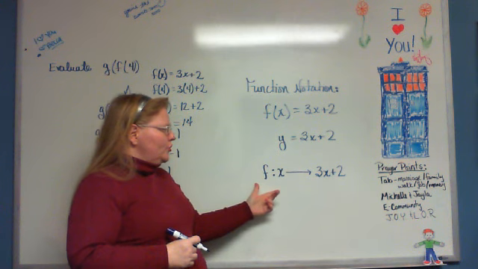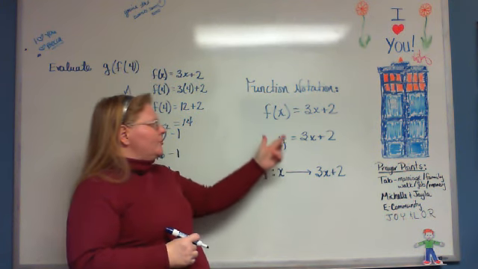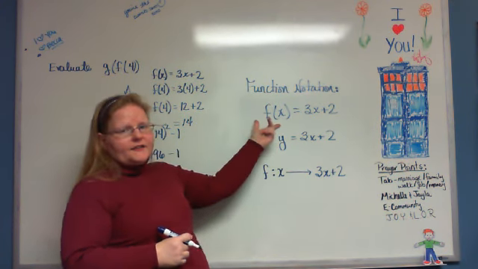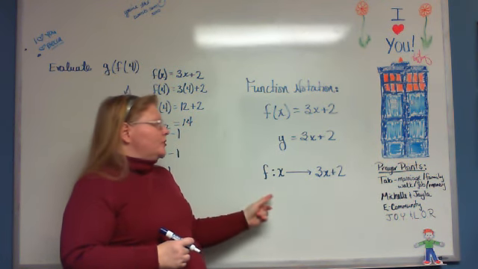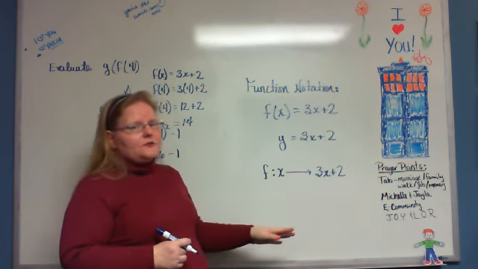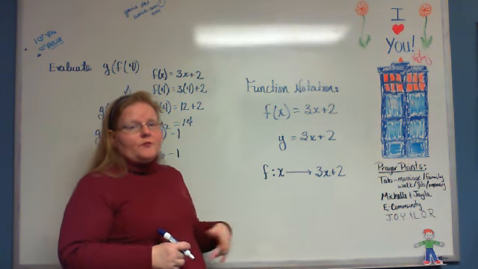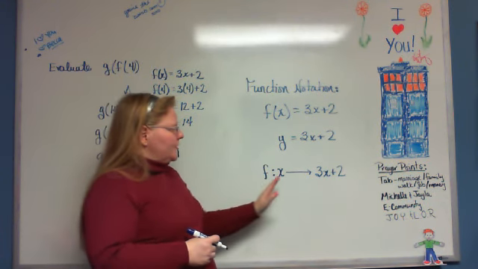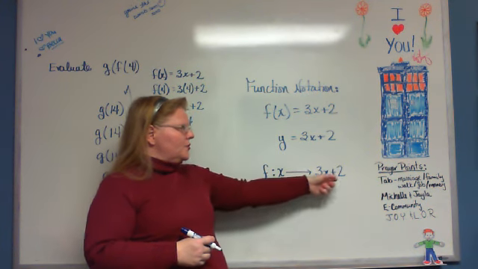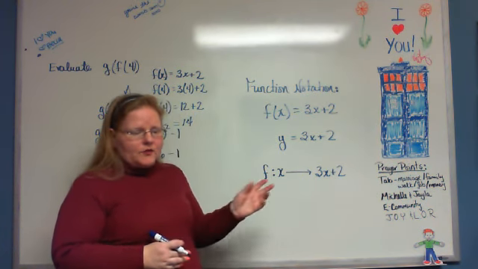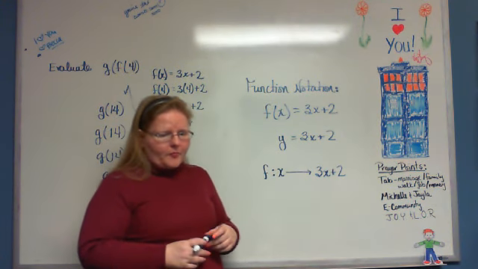It is not used hardly at all compared to this, because this is a lot easier to type in books, so this is the one you see the most. You don't see a lot of these arrow deals, but every once in a while it crops up in your book. So I need for you to understand this is f of x equals 3x plus 2. Means the exact same thing.